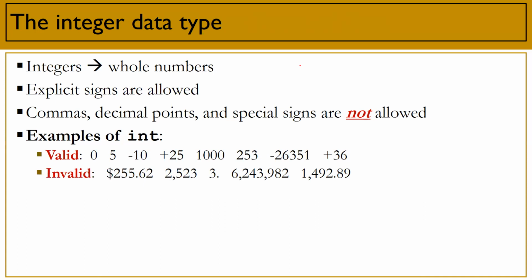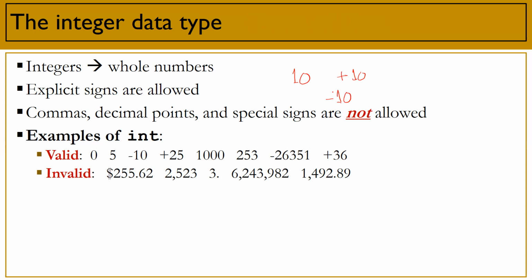When you write an integer, if you do not provide any sign, by default the integer is positive. So if I write, let's say, 10, by default it's a positive integer. But I can also write it with a sign, +10. And if the integer is negative, I have to definitely put a negative sign.